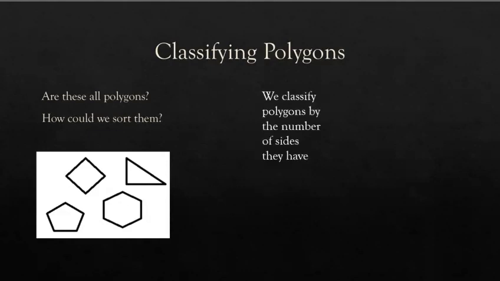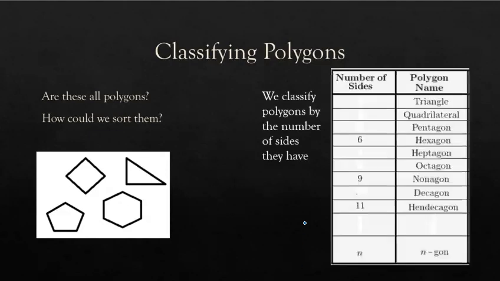So let's talk about all the different names. Hopefully a lot of them are familiar. A triangle has 3 sides. A quadrilateral is what we're going to use for 4-sided figures. Then we can get more specific about squares or rectangles or rhombuses or trapezoids. All of those are quadrilaterals. They have 4 sides.